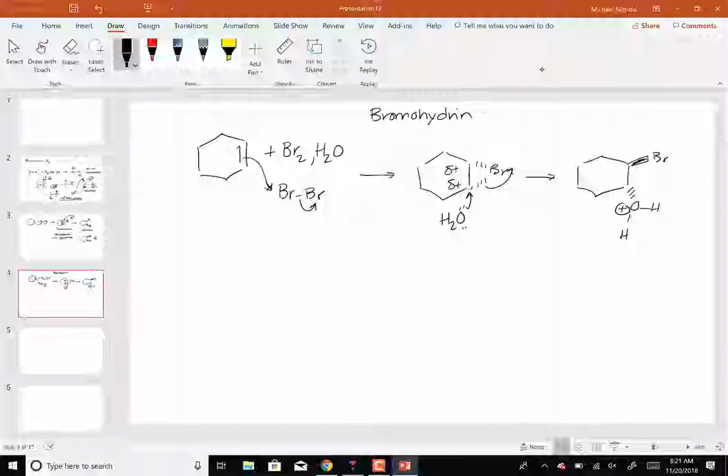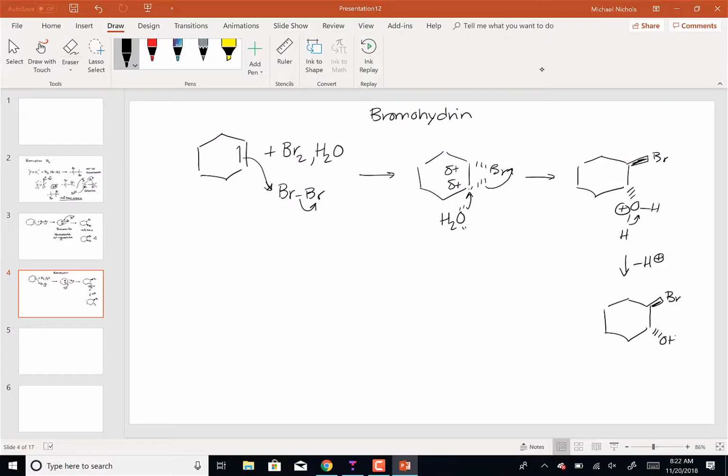And then in the final step, we lose the H plus, so that in the end we form the bromohydrin, which is when we have a Br and an OH next to each other. So this is the bromohydrin. So all I did was add water as the solvent to this reaction, and now the water is the nucleophile.